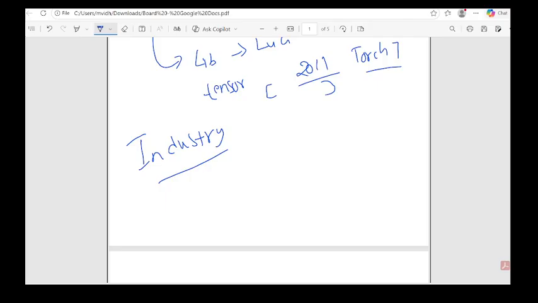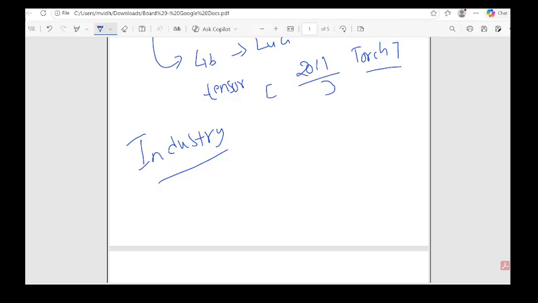But now we'll stick with PyTorch. Torch was used by Meta, with major contribution and development, and most of their research was done using Torch.